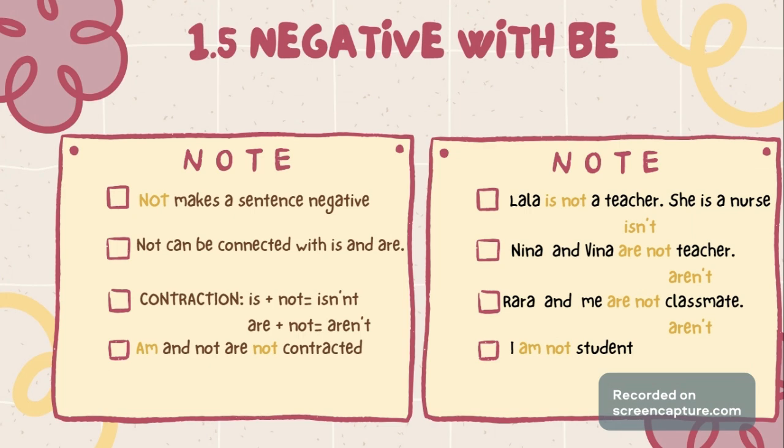She is a nurse. So the contraction is isn't. And Nina and Fina are not teachers. The contraction is aren't. Rara and I are not classmates. The contraction is aren't. I am not a student. So for I am not, we don't have any contraction.